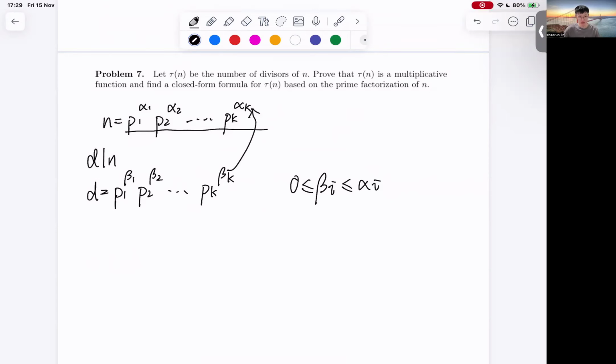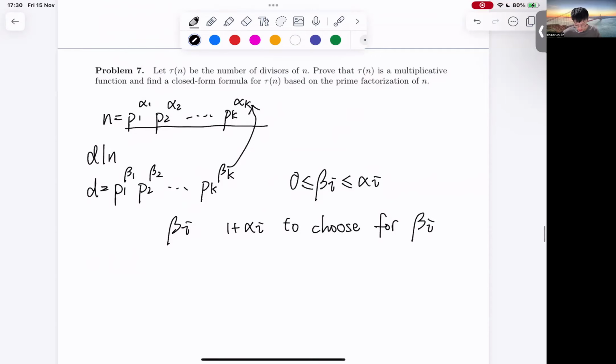Right. So we can see that for each beta I, how many choices do we have? We have 0, 1, up to alpha I, right? So there's actually 1 plus alpha I choices for this beta I, right?